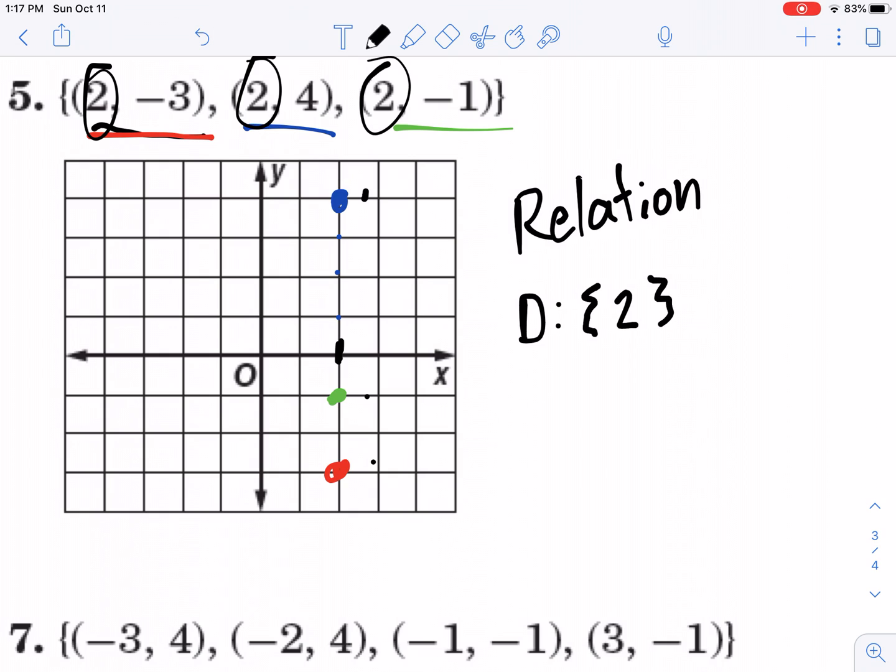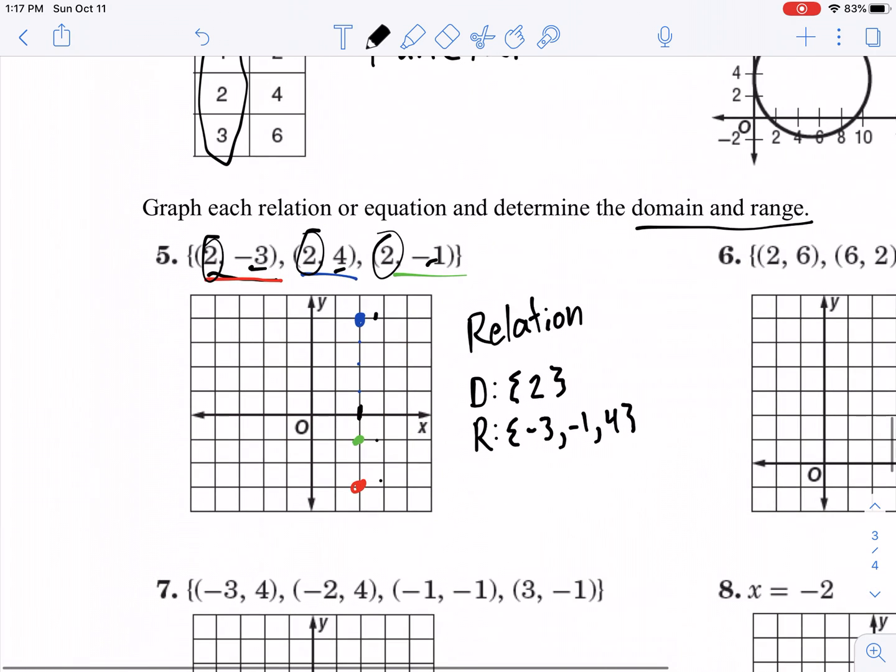So we would say my domain just consists of 2 here. The range is all the y's. Well, what are all the y's that I have here? -3, 4, and -1. So my y's, if we're going from least to greatest, would be -3, -1, and 4. Okay, that would be the domain and range. So it's not adding much to it. It's just if they ask you for the domain and range, that's what it is.